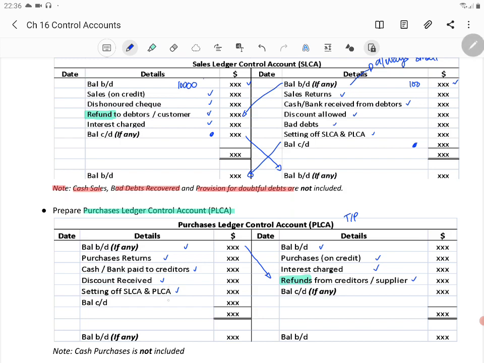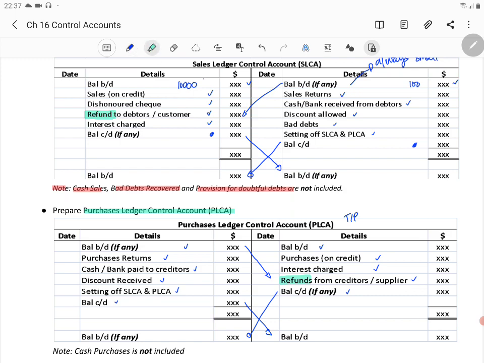And setting off SLCA and PLCA also decreases TP. Okay, and then same with SLCA, you have to calculate balance CD. Balance CD normal will be on the debit side, and balance CD for overpayment will be on the credit side, or abnormal. Next, carry it down to the next accounting period, and it will look like that.